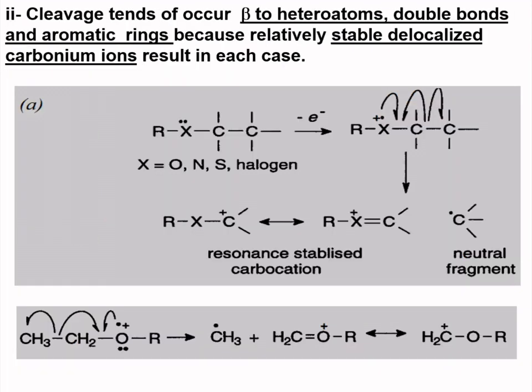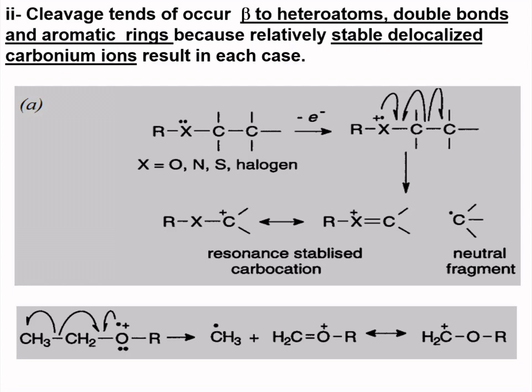Cleavage occurs also beta to a heteroatom. The formation of the molecular ion from compounds containing a heteroatom X, O, N, S, or halogen occurs by ejection of one electron from the lone pair. Then beta cleavage will form a resonance-stabilized carbocation plus this radical.